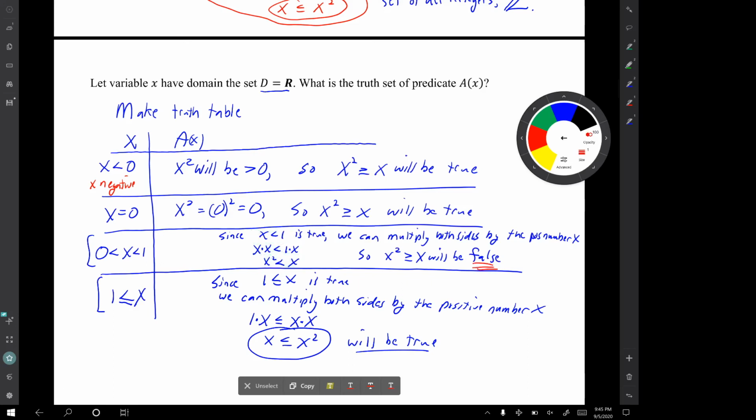So our truth set, the set of x values that make x squared greater than or equal to x true, will consist of those x values here and these x values, but not these x values. So let's describe that solution set in symbols.